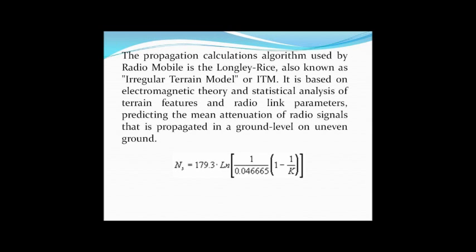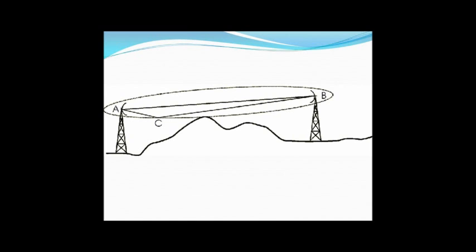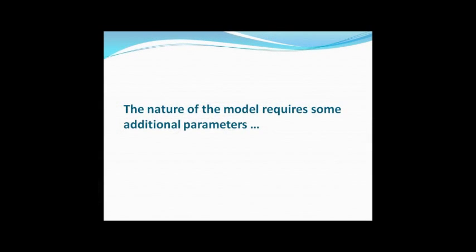To do this, it calculates the mean attenuation depending on the distance and the variability of the signal in space and time. This was designed for working frequencies from 20 MHz to 20 GHz and path lengths between 1 km and 2,000 km. The nature of the model requires some additional parameters.